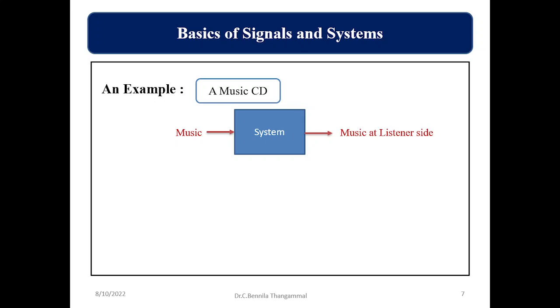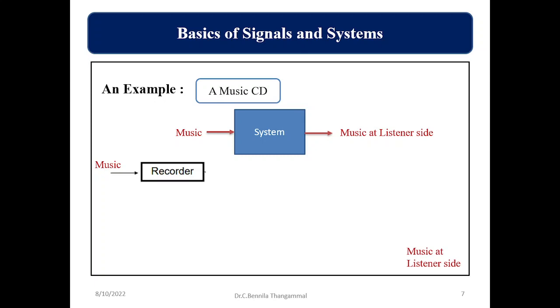I am going to analyze how the music I give as input is heard at the listener's side as output. First the music should be written into the CD, and second, the music written in the CD should be heard at the output side.